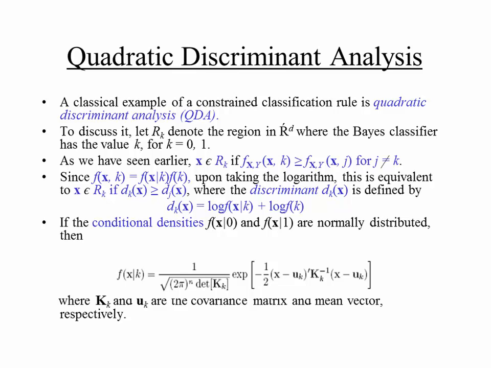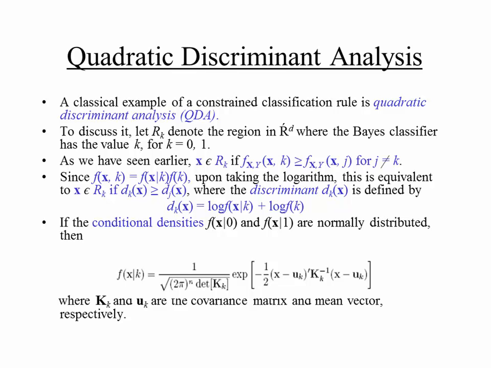Now, as we have seen earlier, x is going to be in the region Rk if the joint density of x and y evaluated at k is greater than or equal to the joint density of x and y evaluated at j. It's the same thing as that eta of x. Remember, we had eta of x, which was the probability that y equals 1 conditioned on x. You multiply that by the density of x, you get the joint density that y equals 1 and capital X equals x.